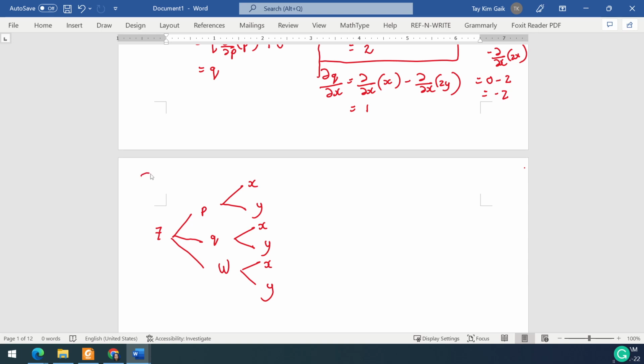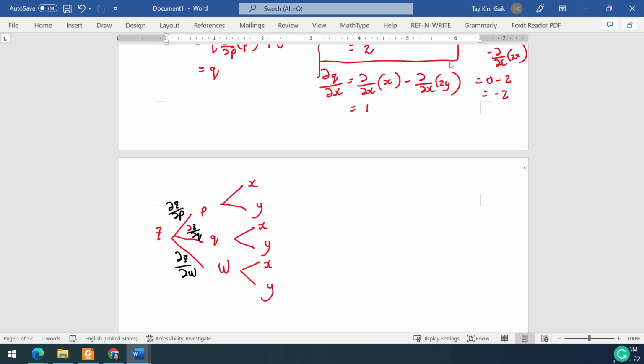The way you write del is like this. So you get del z del p, where you differentiate z with respect to p. This is del z del q. This one is del z del w.